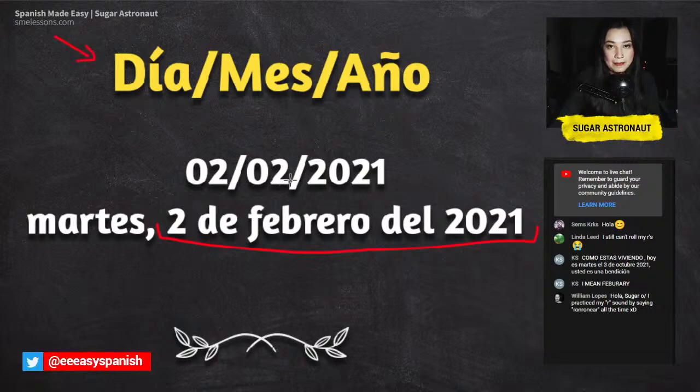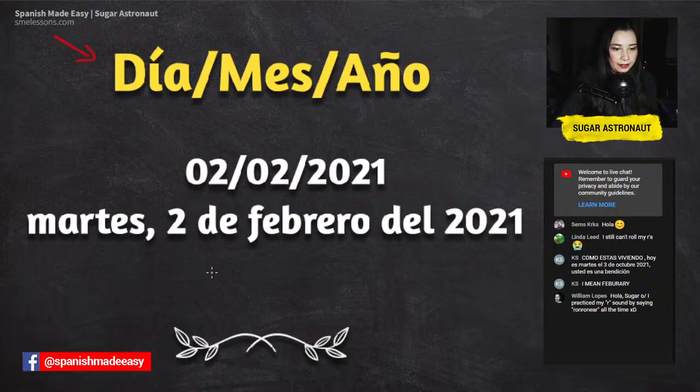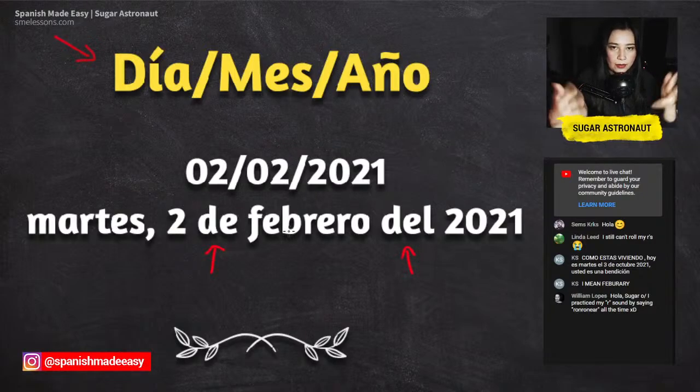Día, mes, and año. 2 is the day. De febrero, febrero is the month, and the year 2021. Another important thing to remember is these two words in between the whole date, okay?